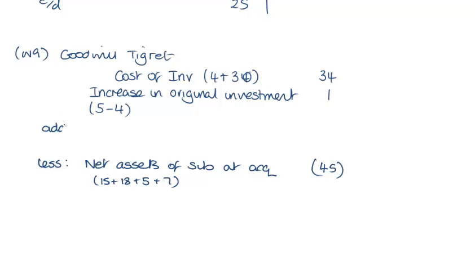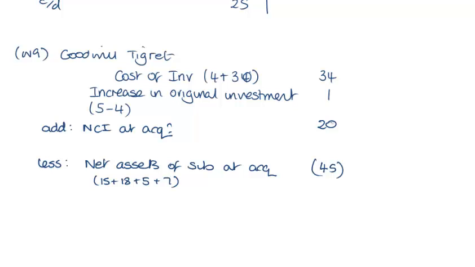We need to add on our NCI at acquisition, and we're told in the question that the NCI at acquisition is 20. So the numbers are always there for a reason. Practically every number is going to appear somewhere in our question. Now this is where the question gets really horrible. It then says the tax base of the assets was 40 million.